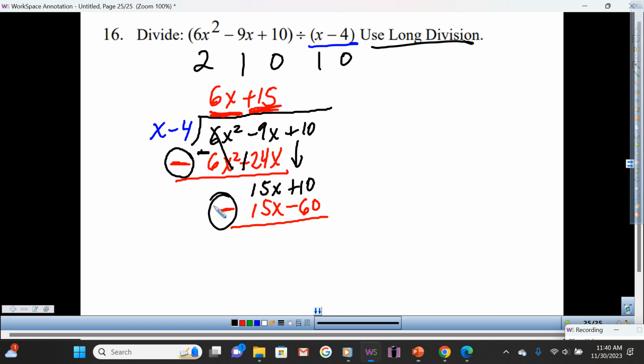Circle your subtraction to remind you to do what? Distribute and distribute. This cancels. So we're left with, do we have any more terms left? No. So this is 70, and we label it R.